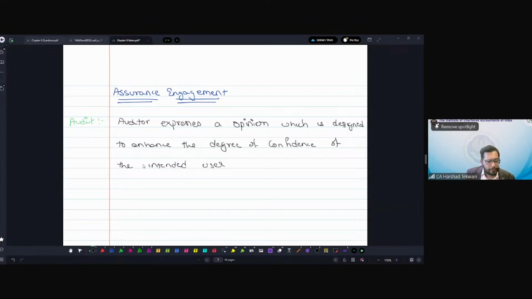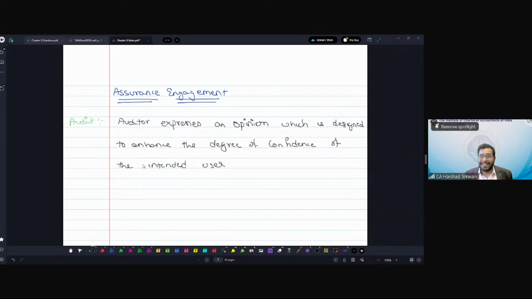Now, when the auditor issues an audit opinion, that opinion is designed to enhance the degree of confidence. Whosoever is the stakeholder, his confidence should increase in the underlying subject matter.